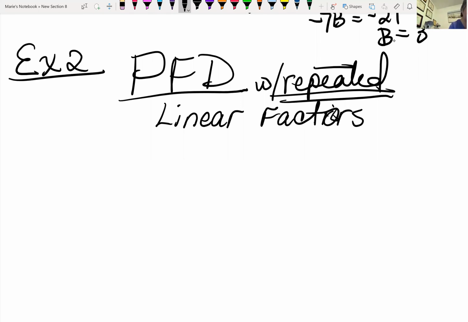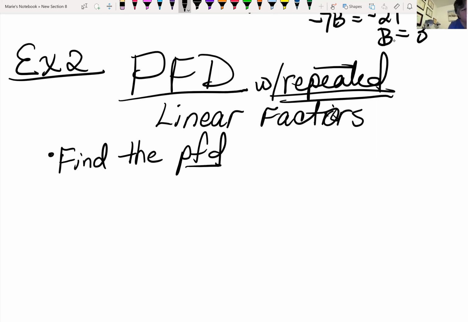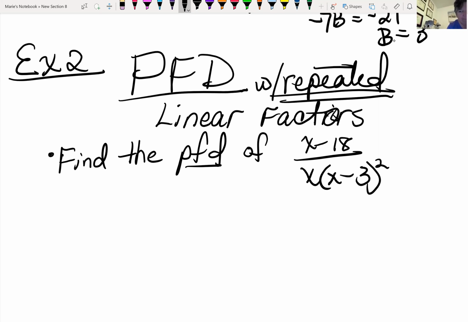So for example, here's your question. It'll ask you to find the partial fraction decomposition of x minus 18 over x times x minus 3 squared. When they say repeated, they mean this.